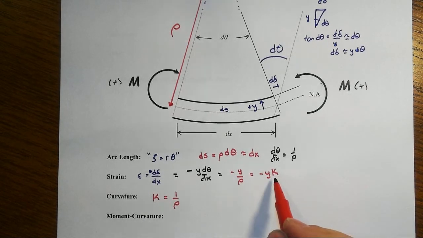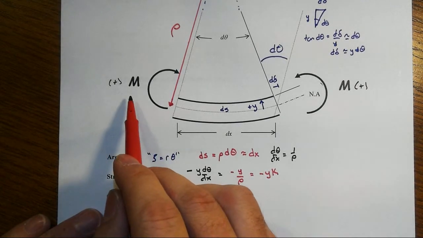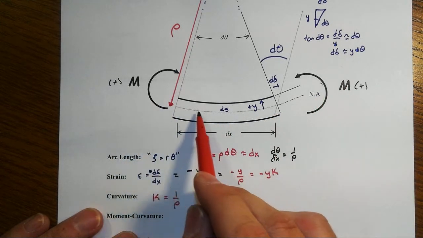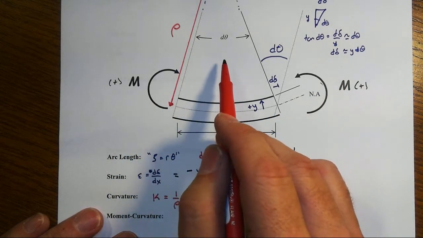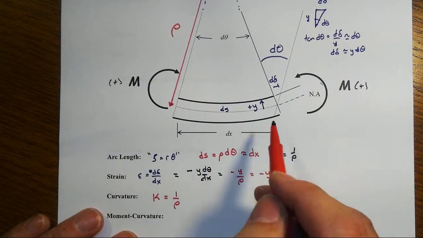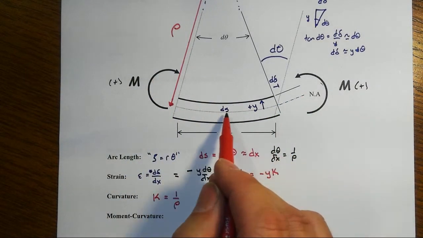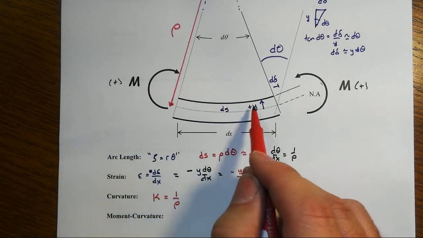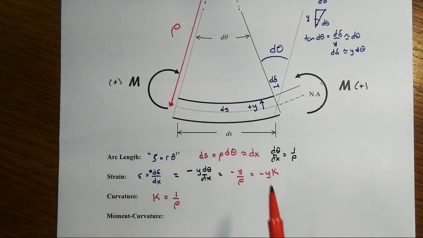Again, positive curvature. If we were plotting the deflected shape of the beam, then concave up would be this smiley face, and that curvature would be the second derivative of the function that described that deflected position along this neutral position. Right, so that's how that all begins to work out.